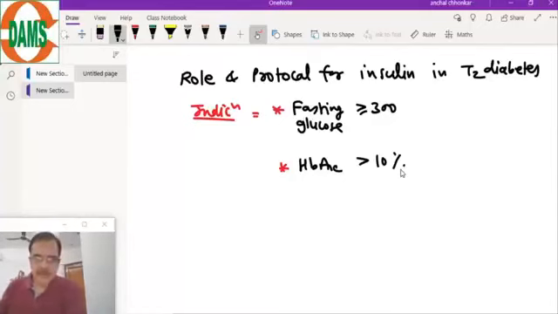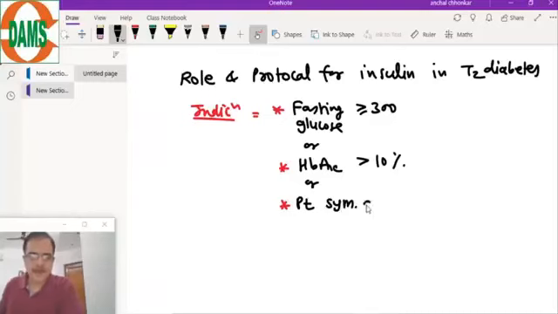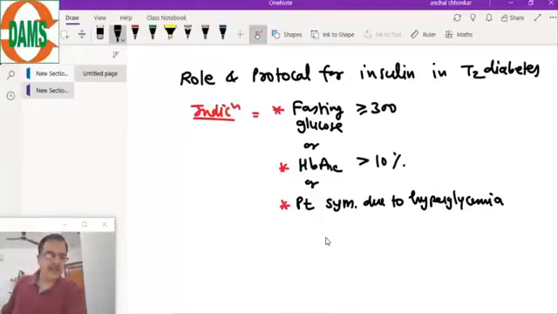Now the third indication is the patient is symptomatic due to hyperglycemia.